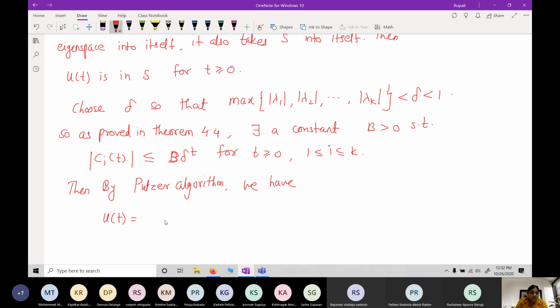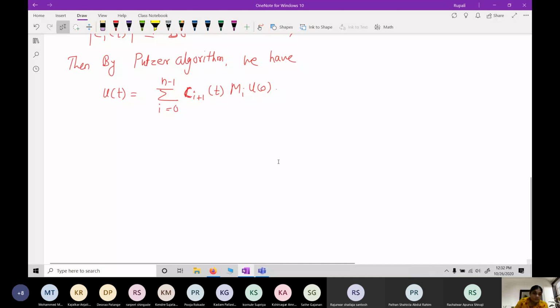By the Putzer algorithm, the summation from i equal to 0 to n minus 1 of c_{i+1}(t) M_i times u0, where M_i satisfies, which equations does M_i satisfy?